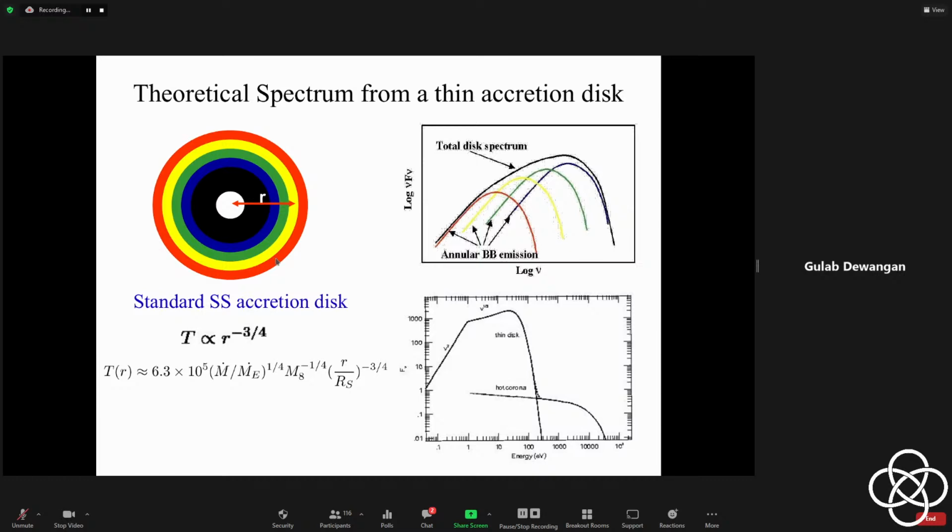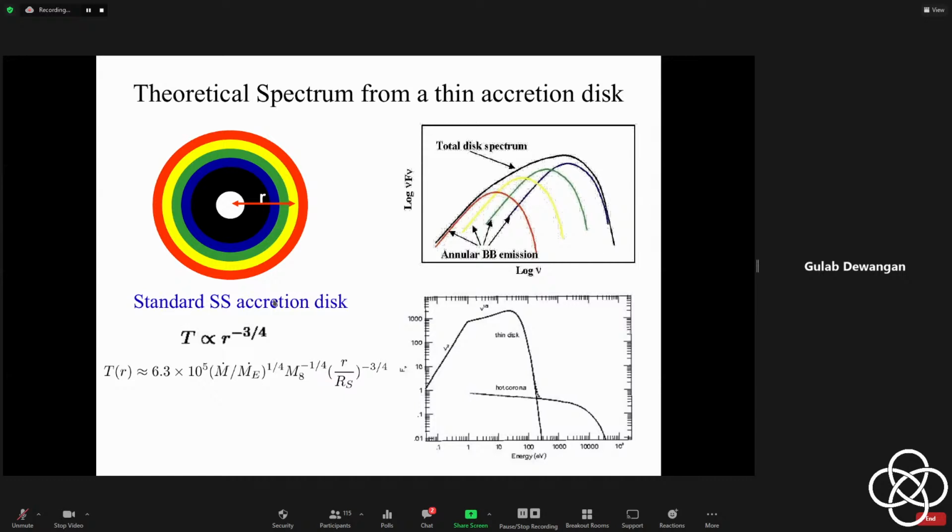And then you can calculate the black body emission from all these annuli, which is shown schematically in the right hand side figure. So the inner annuli, outer annuli, all are emitting at different temperatures, and then you finally sum all these black body spectra from all the annuli, and finally form the accretion disk spectrum.